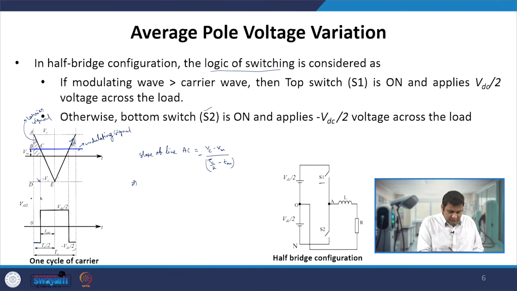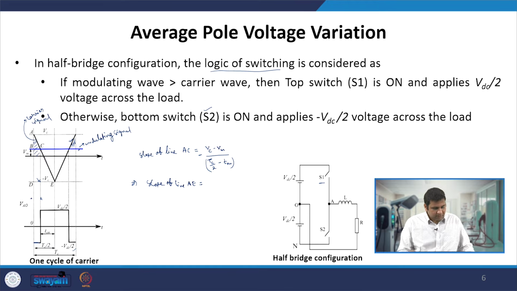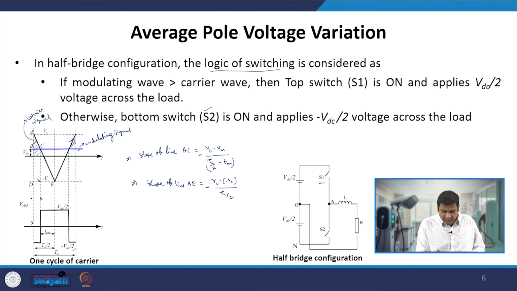Similarly, we can also write the slope of line AE. It is going from Vc to minus Vc, so it is Vc minus Vc divided by Tc by 2. Since it has a negative slope, the minus is there, and these two slopes are equal to each other.